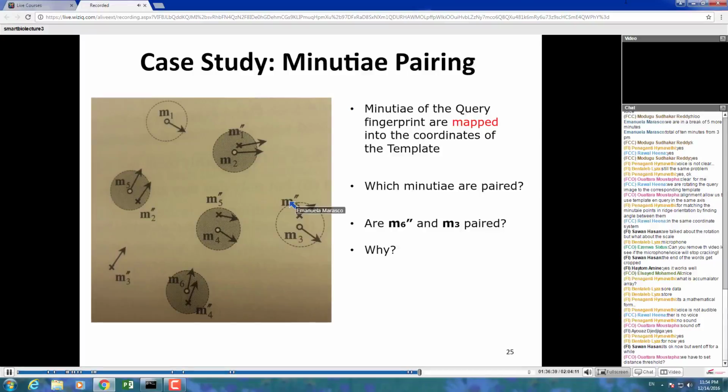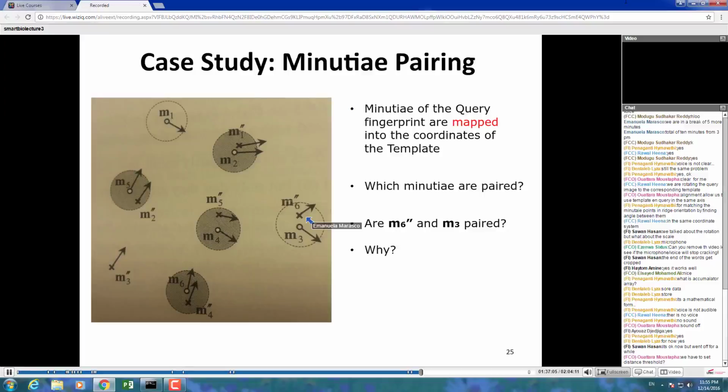The distance is still fine, because the distance is the distance in coordinates between these two points, so it's still less than the distance threshold. But what is the problem here? Why don't they pair?